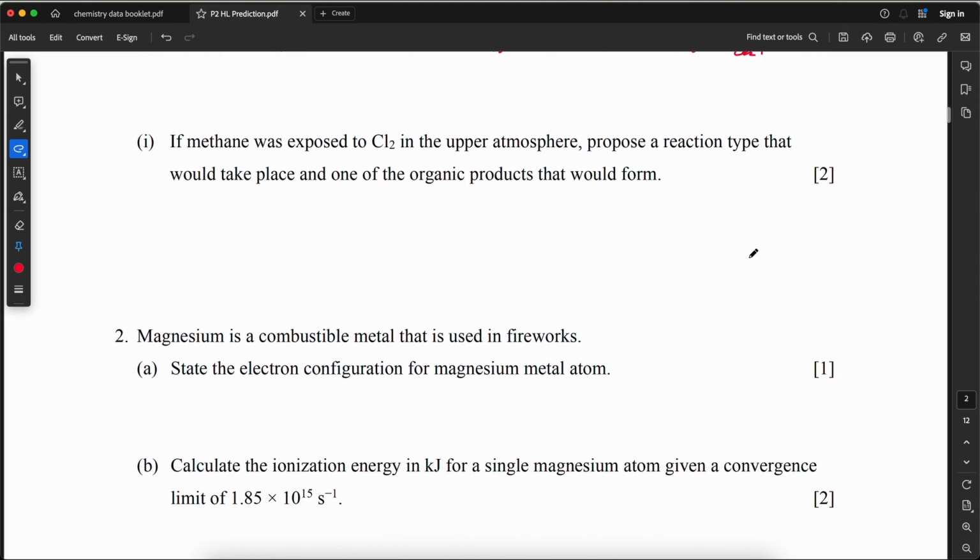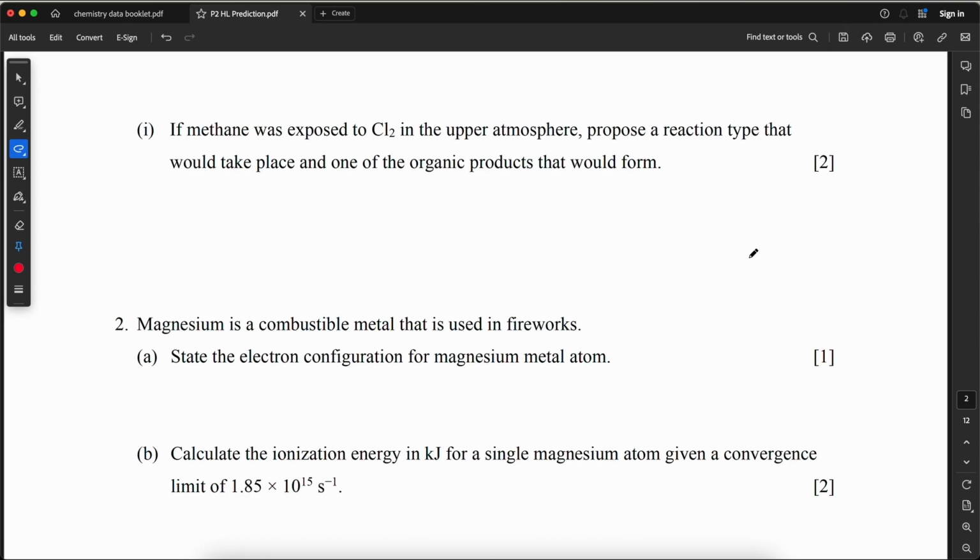If methane was exposed to Cl2 in the upper atmosphere, propose a reaction type that would take place and one of the organic products that would form. That would be CH3Cl, or CH2Cl2.